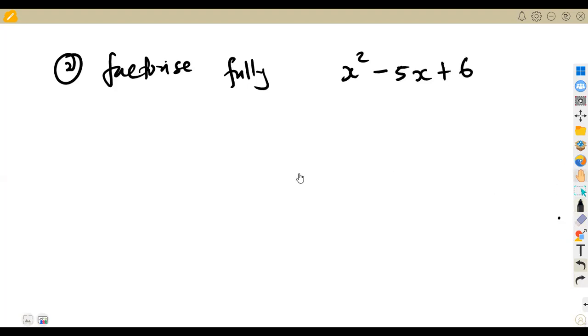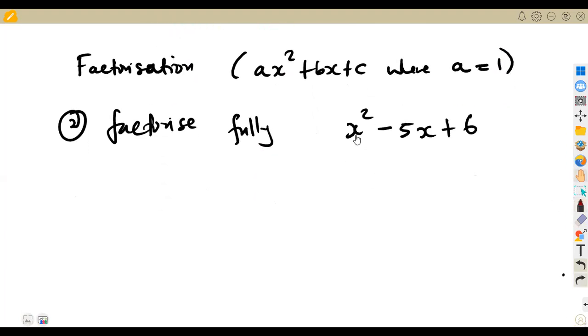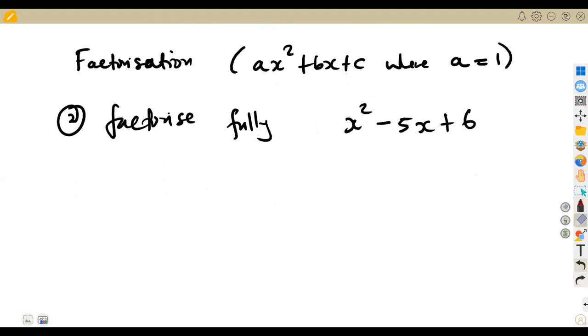We are still on the same scenario of a being equal to 1. We are still working with a quadratic trinomial with a equal to 1. We are not given a number in front of x squared, so that means the number there is a positive 1.